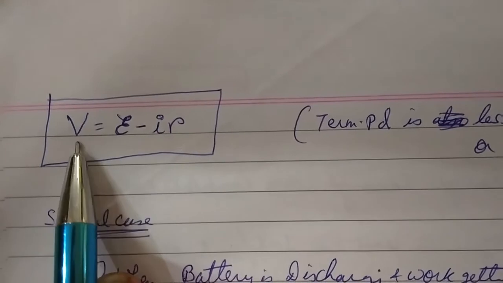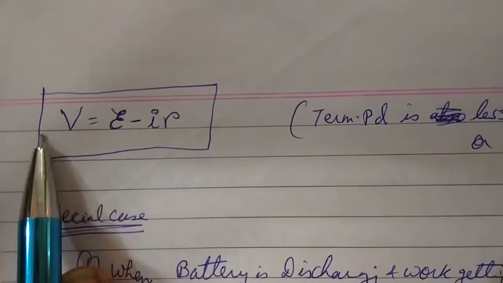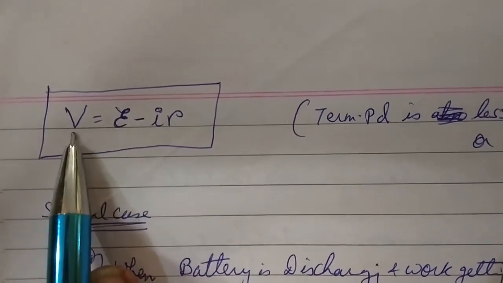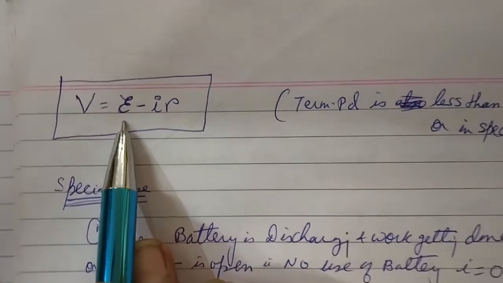V is equal to E minus Ir. This is terminal potential difference, this is EMF of the cell. So look here, terminal potential difference is always less than the EMF of the cell.